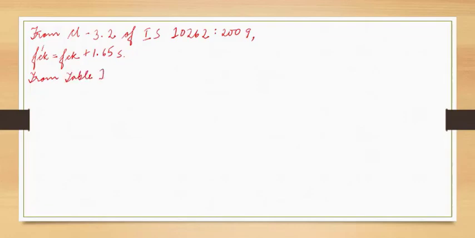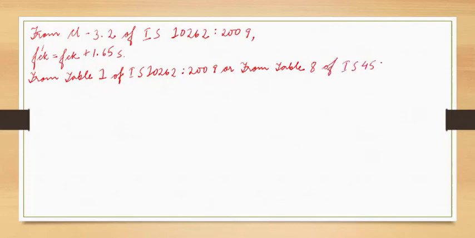From table 1 of IS 10262-2009 or from table 8 of IS 456-2000, we have for M30 concrete, the value of S is 5.